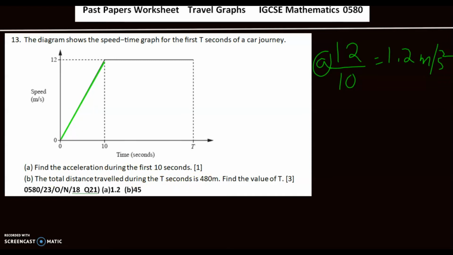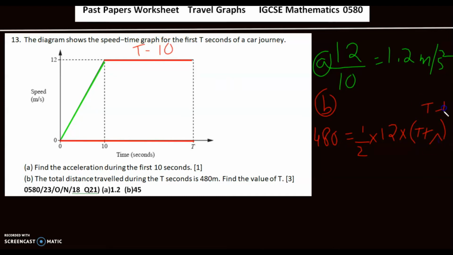So we have the area under the graph. Area under the graph is 480 meters. And what's the formula for area of trapezium? Half times height times sum of parallel sides. This side is t and this side is t minus 10. So add these, t plus t minus 10.